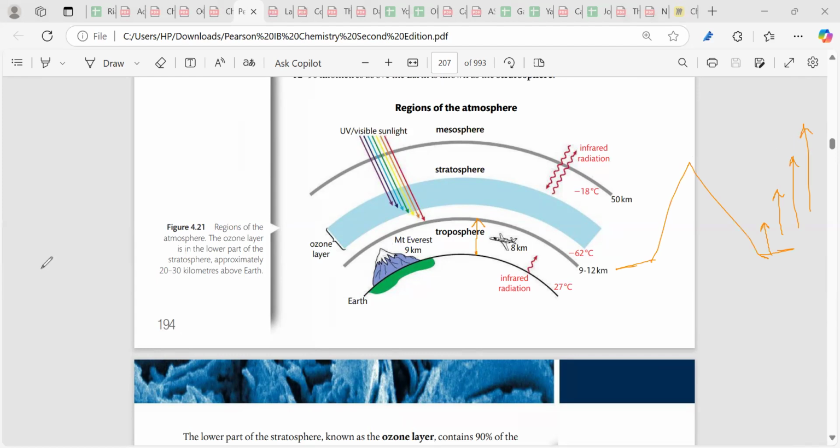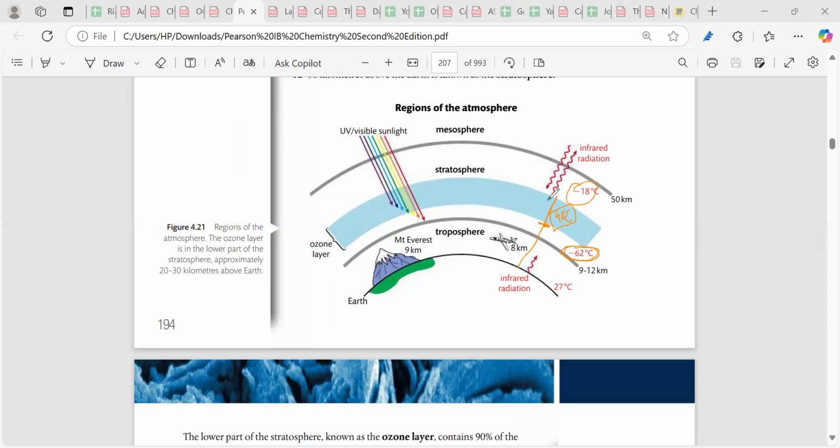But suddenly, when you reach 20 kilometers, there's a layer where there's an increase of almost 40 degrees centigrade, isn't it? This is called the stratosphere. The other side of the layer is minus 62, right? When you cross the stratosphere, it's minus 18.